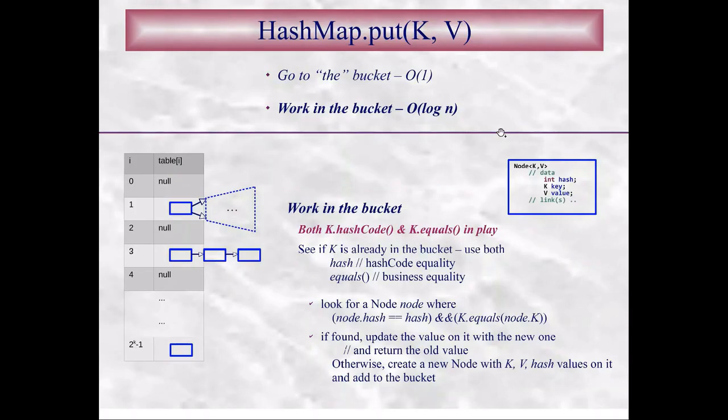The computational complexity of the second phase is log n in the case of a tree. N here is the size of the tree, the number of entries in it. This log n, however, is not the last word on the computational complexity of the put operation itself.